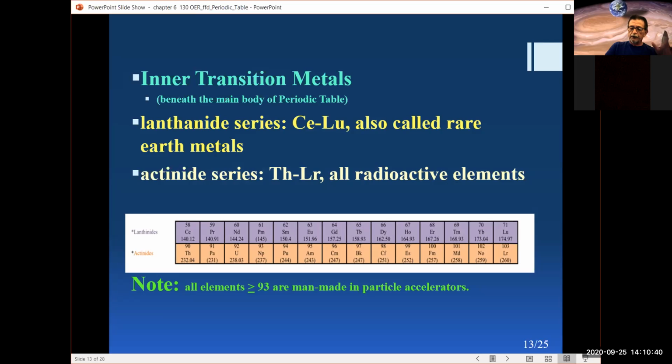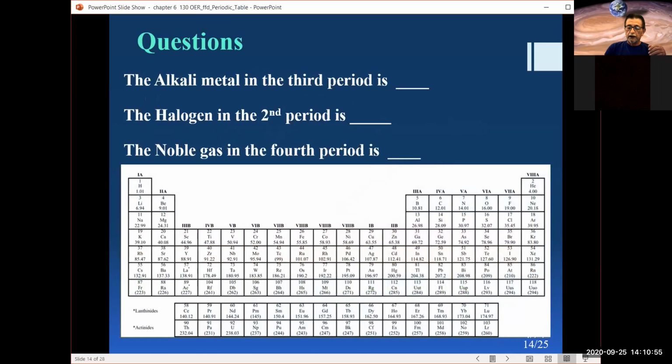Elements that are greater than 93, all of them are man-made. They're put in particle accelerators and they actually crash these elements together to create new ones. Okay. With that being said, questions might arise.